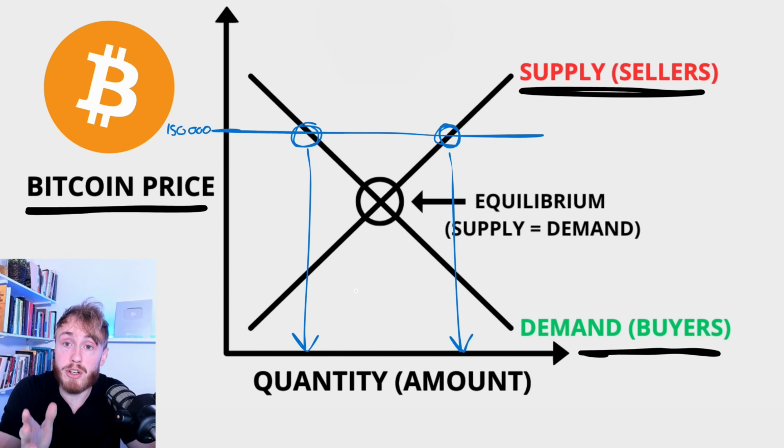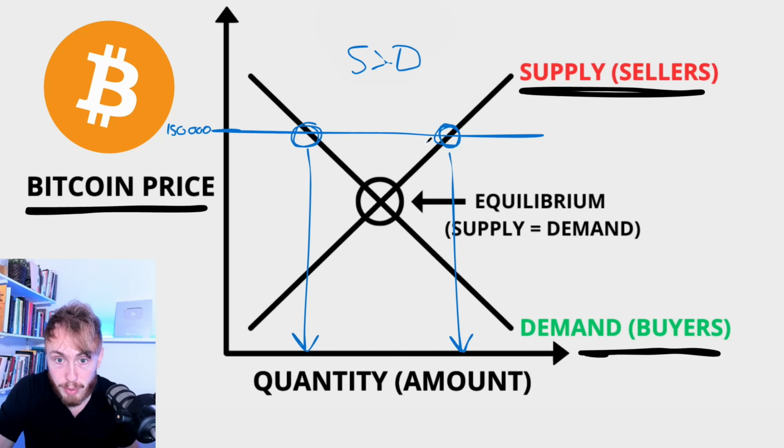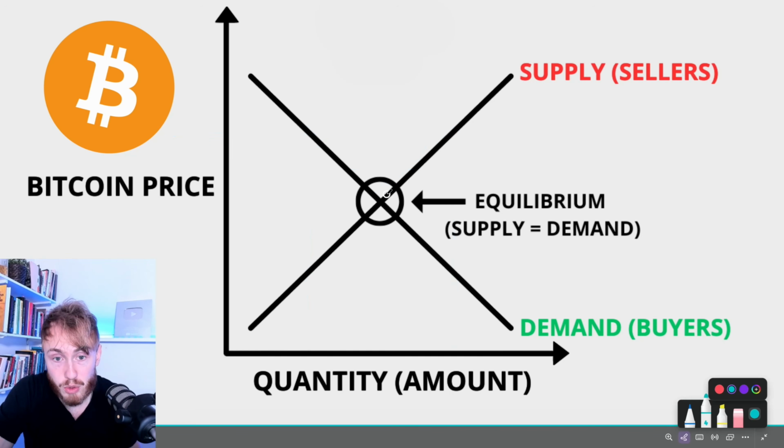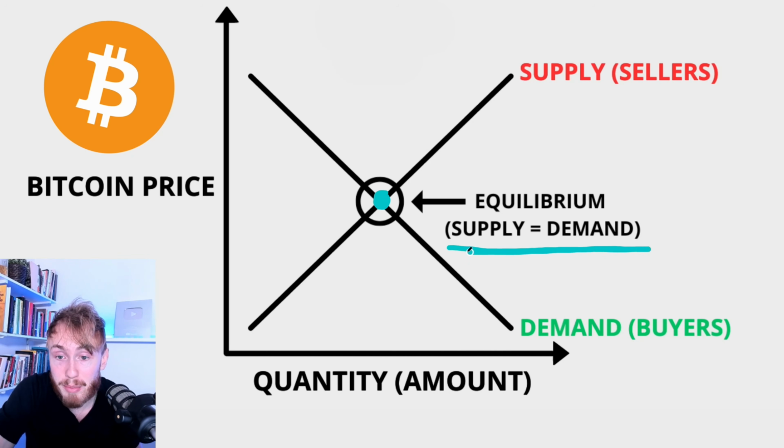And remember from earlier, when supply is more than demand, this will push the price down. So it will push the price down a little bit, but you can see that right here we still have more supply than demand. So it will continue to push the price all the way down to this point right here, where supply is the exact same thing as demand, and this is known as the equilibrium point.